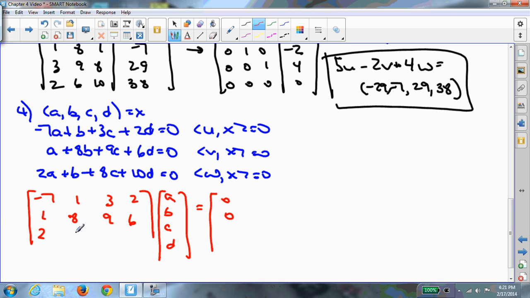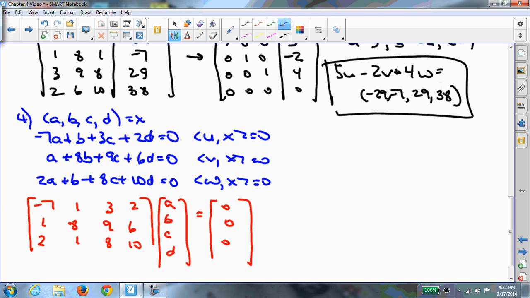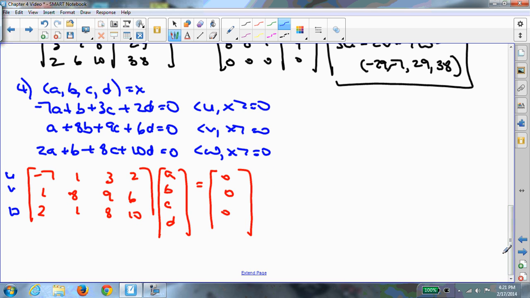And 2, 1, 8, 10, 0. But notice this time, my u, my v, and my w are written in rows. So if I want to take a dot product between vectors, I want to set up the matrix with row vectors. And if I want to take a linear combination, I want to set up my matrix with column vectors.